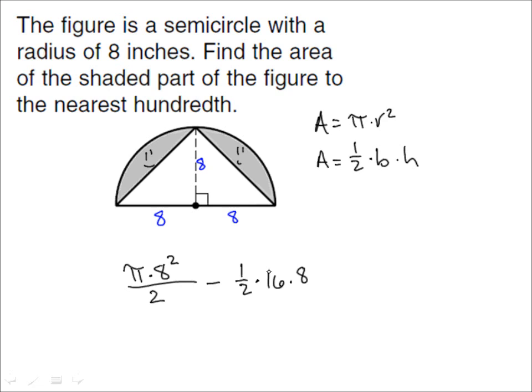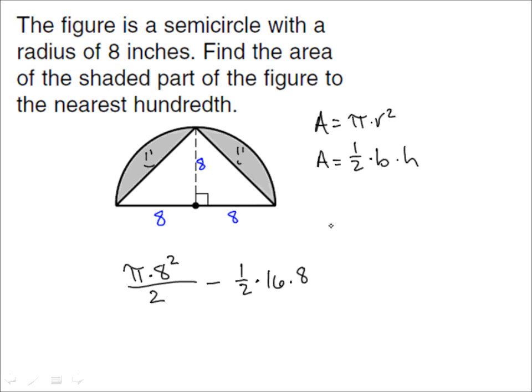And it's asking us to round this to the nearest hundredth. So let me use my scientific calculator and grab a pi here times 64, which is 8 squared. I'm going to divide that by 2. And 1/2 of 16, of course, is 8. So I'll just subtract from that 8 squared minus 8 squared.